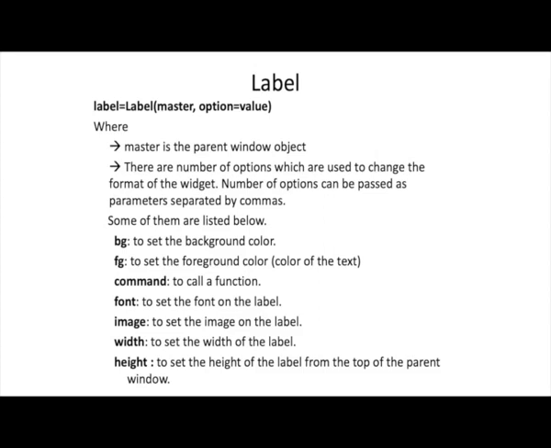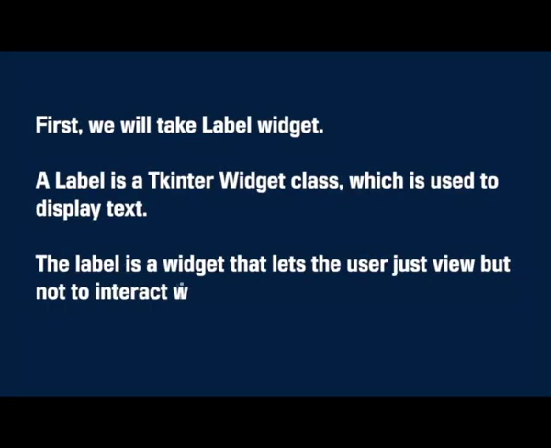Some of them are BG to set the background color, FG to set the foreground color, that is the color of the text, command which is to call a function, font to set the font on the label, etc. First, we will take a label widget. A label is a tkinter widget class which is used to display text.